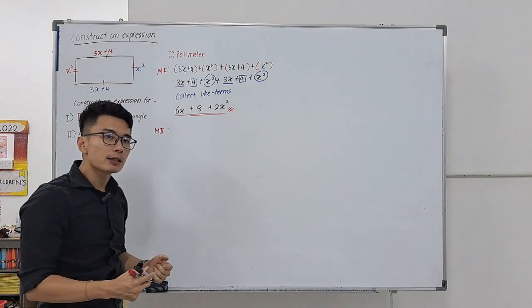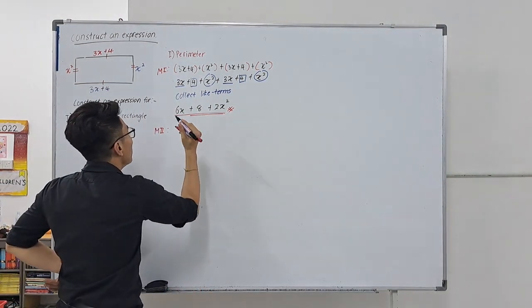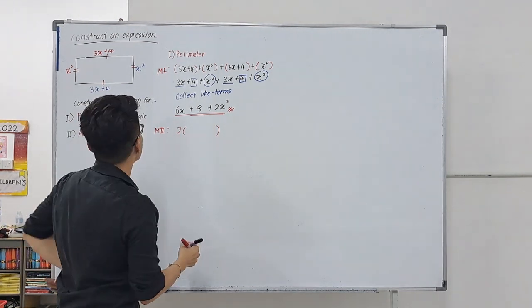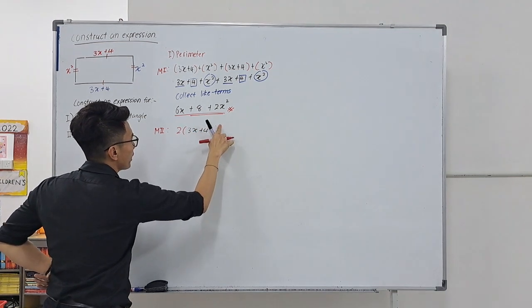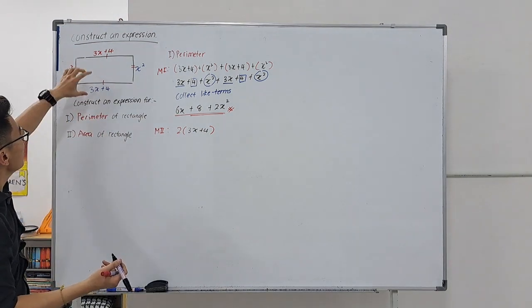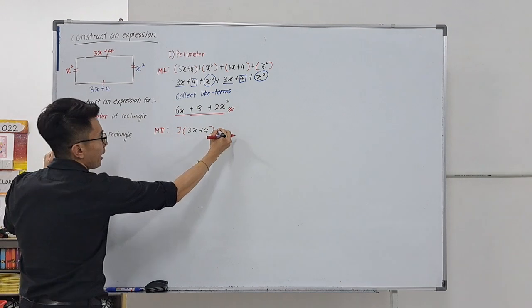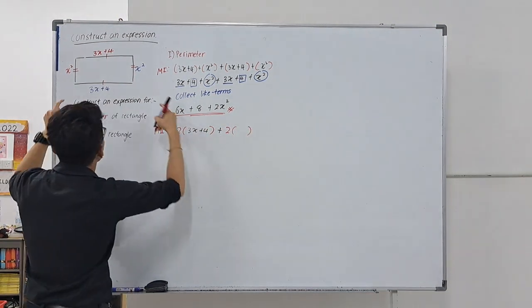Mathematically, I can write it like this: I have 2 of something, and that something is 3x plus 4. Since I'm interested in the perimeter, I have 2 of these and I'm going to add the other 2. What's the other 2?